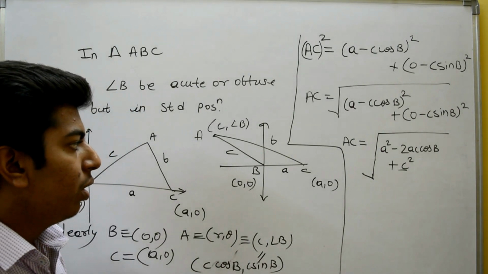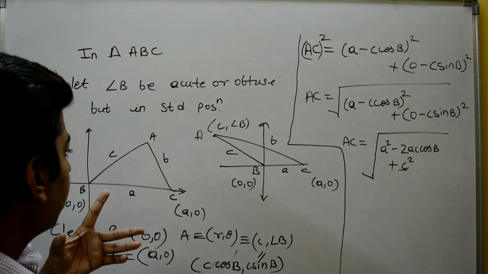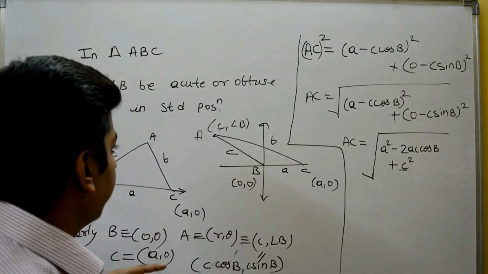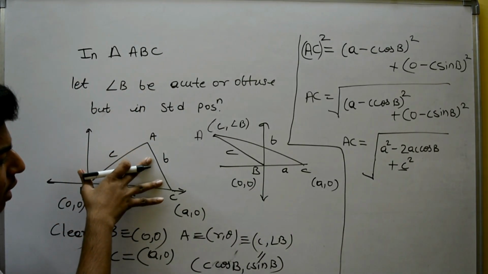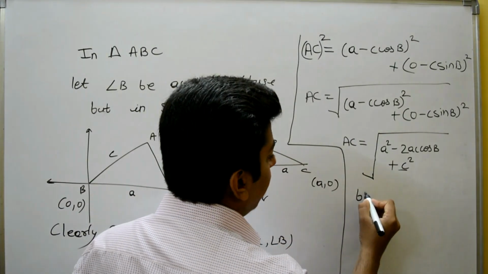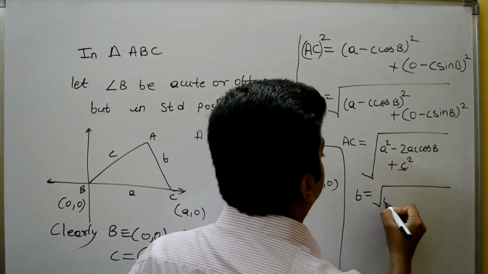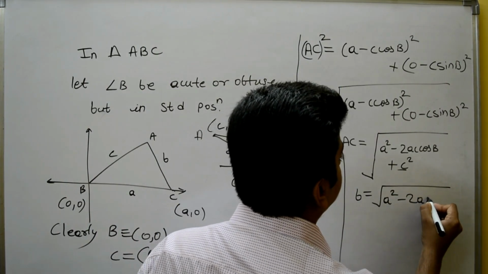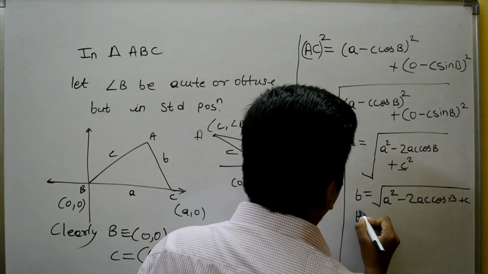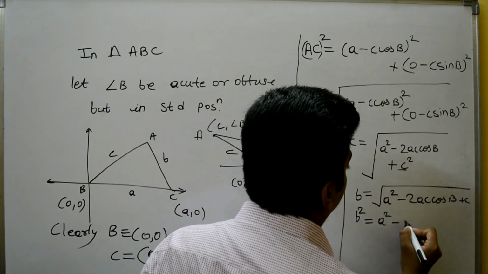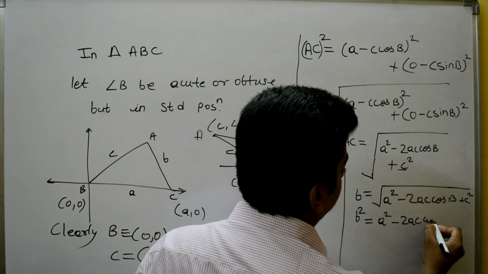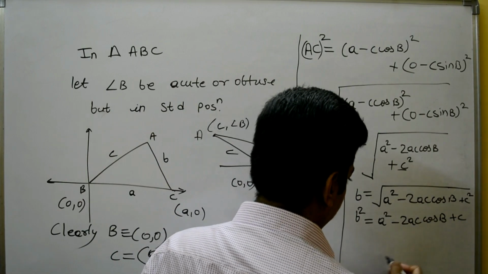So this is our distance AC, which is actually b. So b is equal to under root of a square minus 2ac cos B plus c square. So b square is equal to a square minus 2ac cos B plus c square.